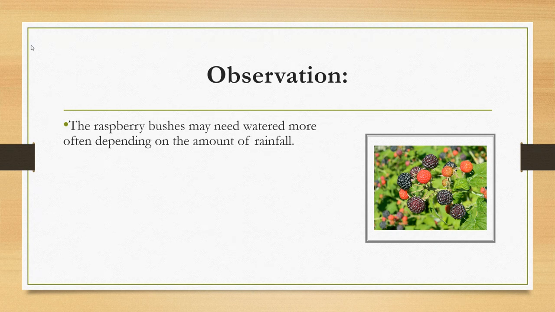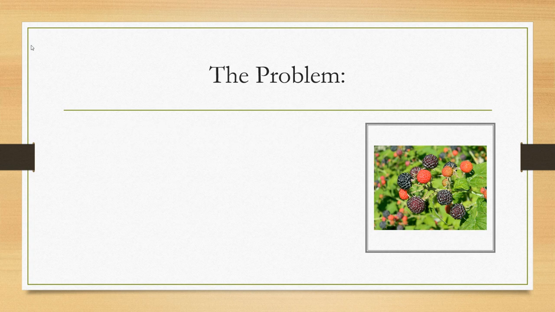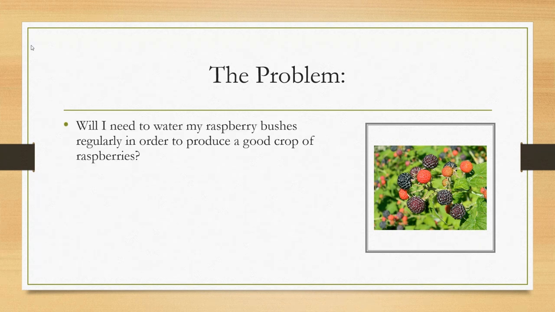What is the problem? What question am I asking myself? Remember that we always state the problem in the form of a question. So what is the question that we're going to be investigating? Well, if you said, will I need to water my raspberry bushes regularly in order to produce a good crop of raspberries?